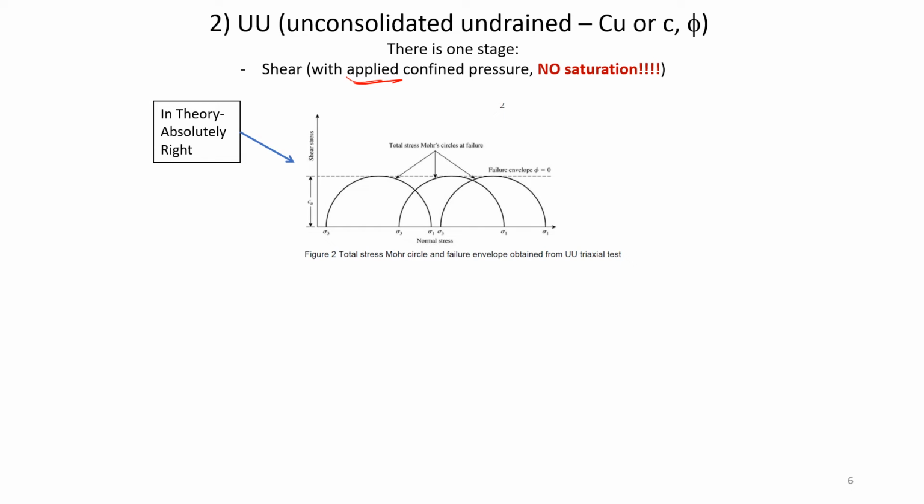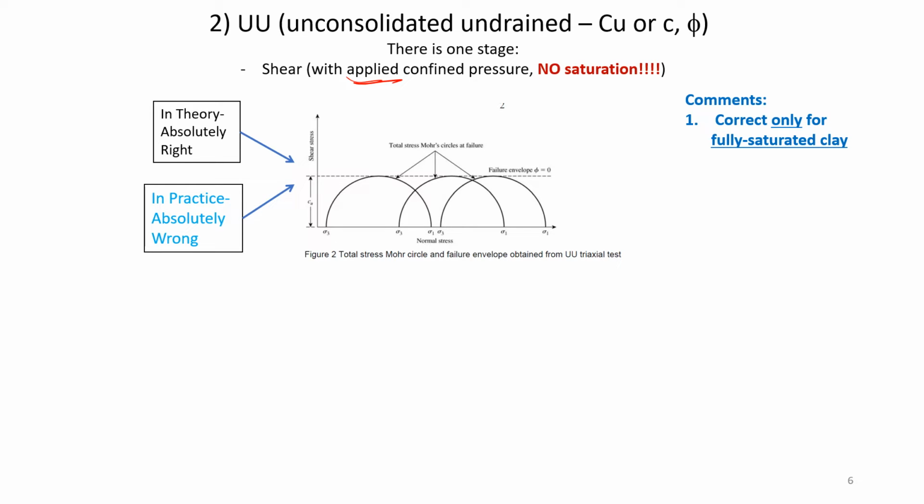Based on theory, all textbooks say that no matter what confining pressure you apply, for the same material you get the same circles. Guys, that's only correct for fully saturated clays or materials, and the samples should be absolutely identical with respect to dry density. Now, in practice, it's absolutely wrong, which no one at university somehow tells about.